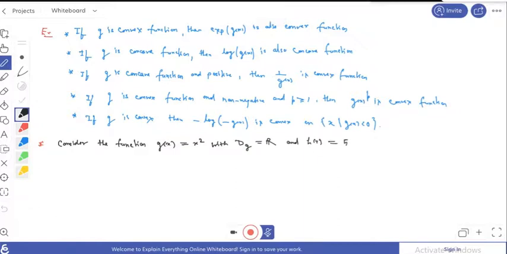Suppose this equals 5, with domain 1 to 2.